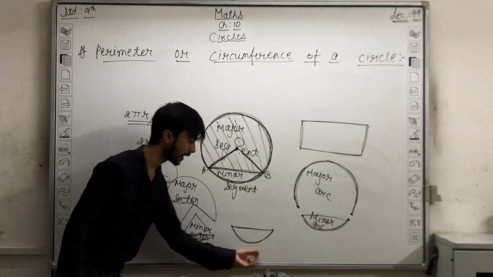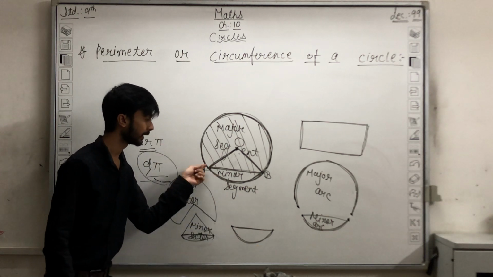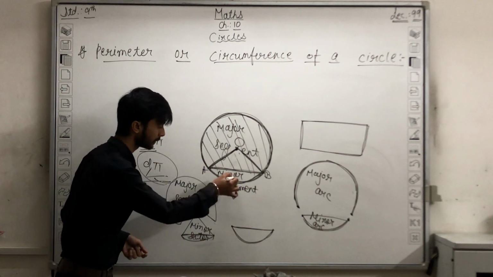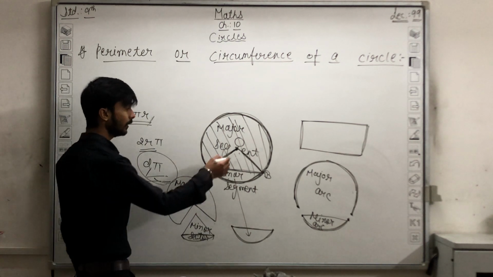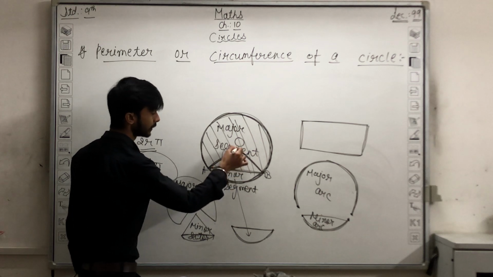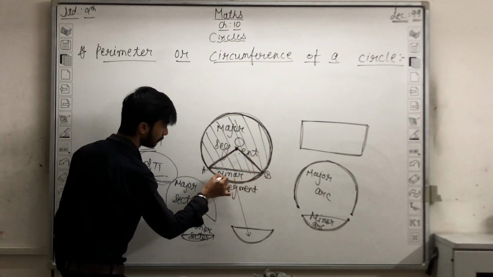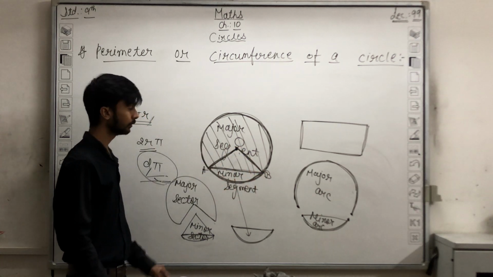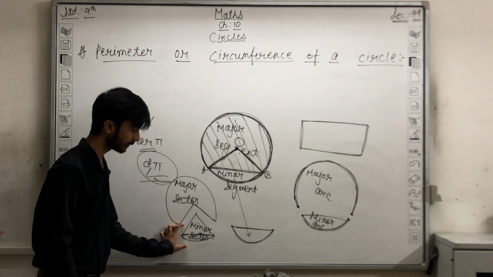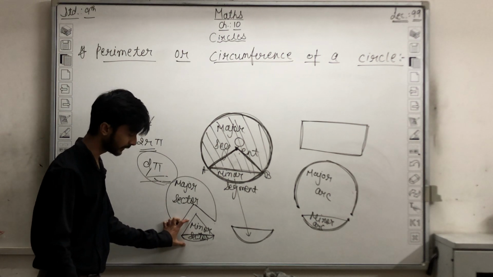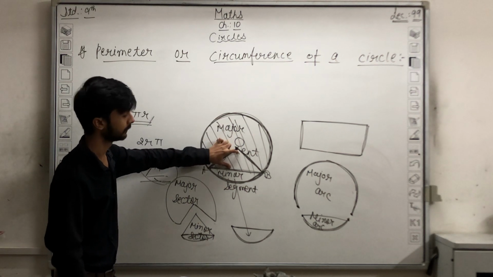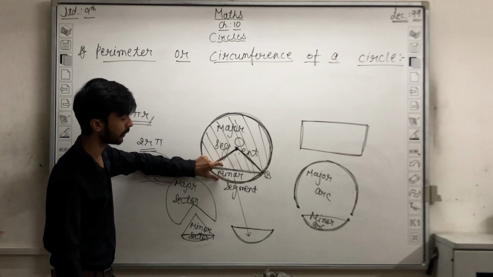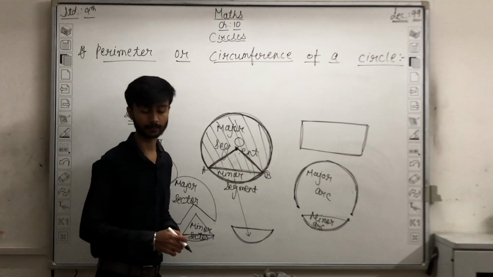If we have to find the area of this minor segment, first you find the area of the minor sector and then subtract the area of this triangle, and then you get the area of the minor segment.